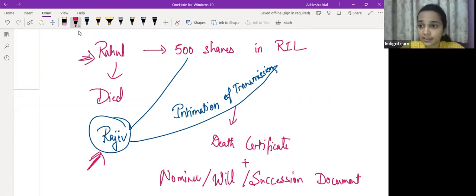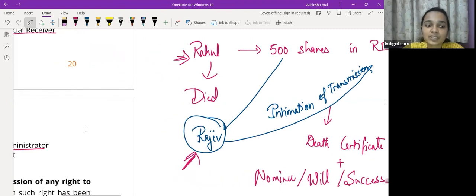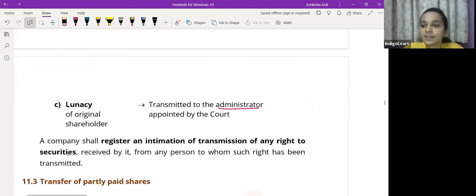The person, the transferee, he'll have to intimate the company about the transmission and also give certain proofs that yes, I am the person who is entitled to receive the shares upon transmission and I am actually entitled to receive it. So this is what happens in case of transmission.